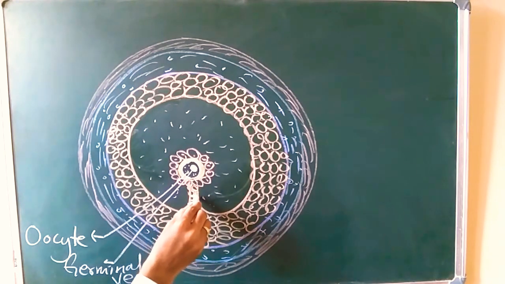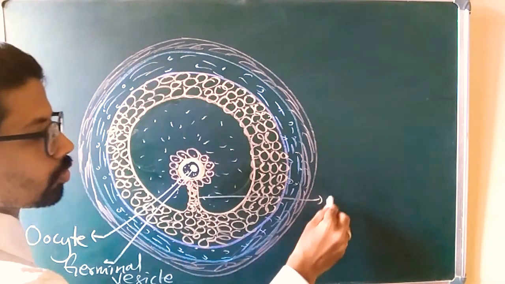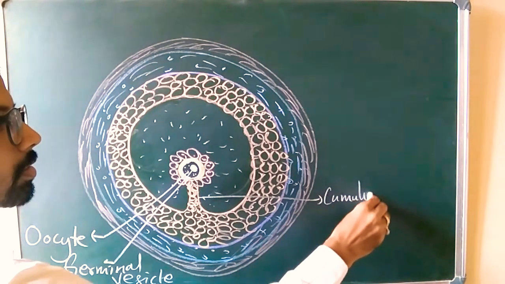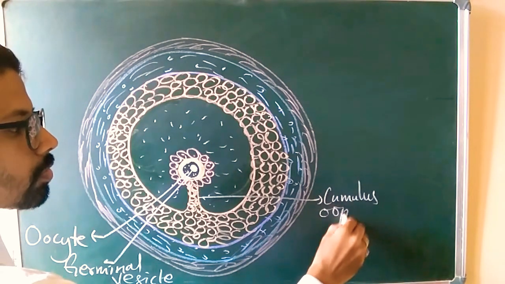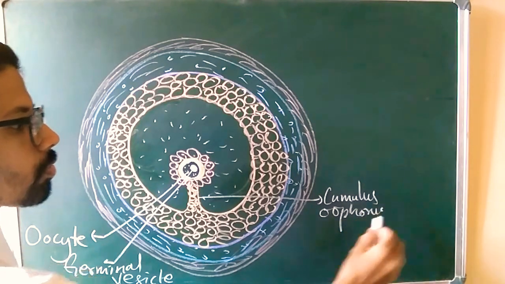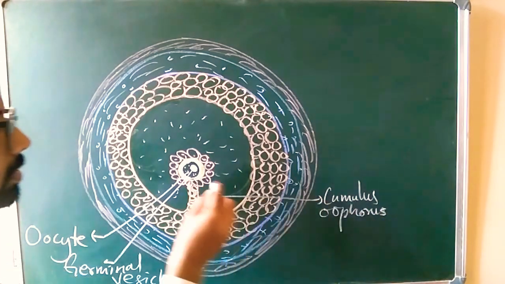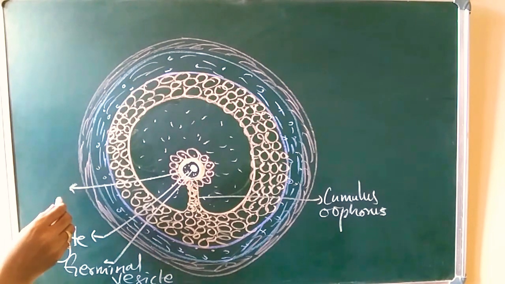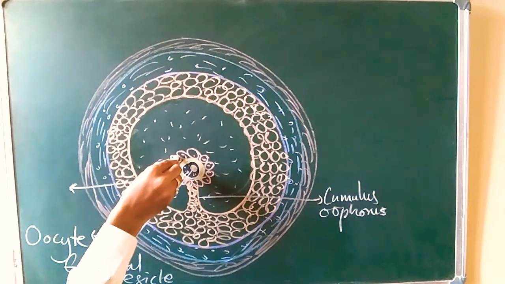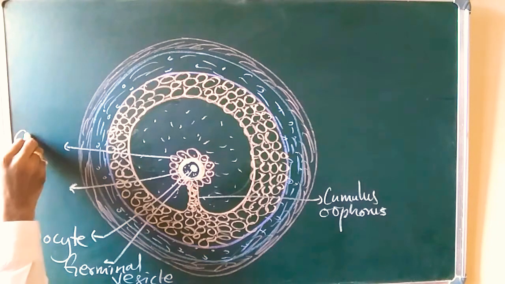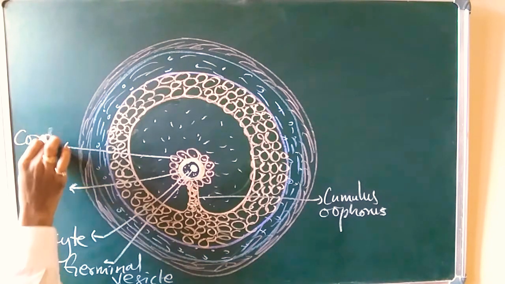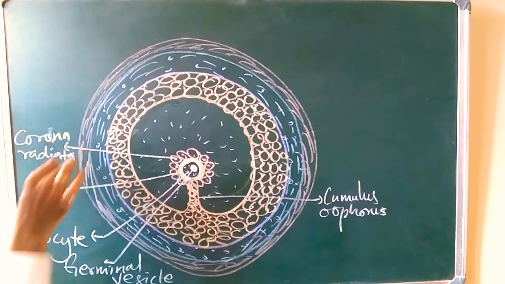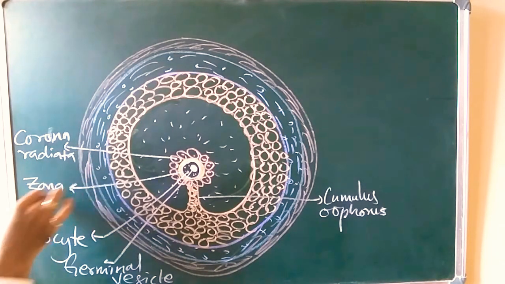This structure is cumulus oophorus. This yellow layer is the corona radiata cells, corona radiata, and this is zona pellucida.